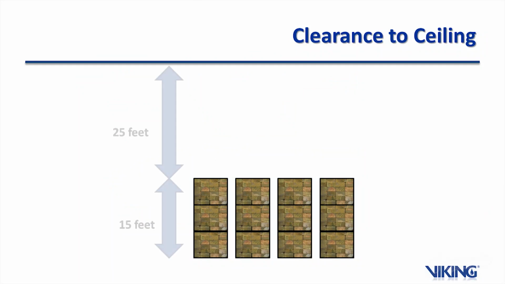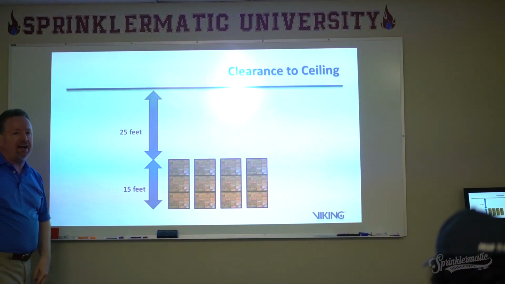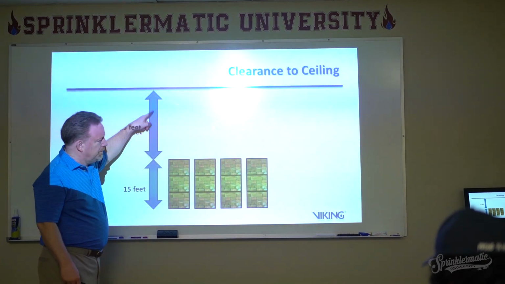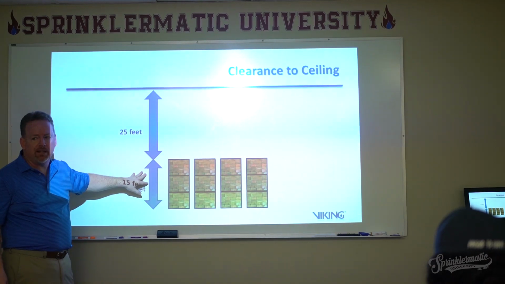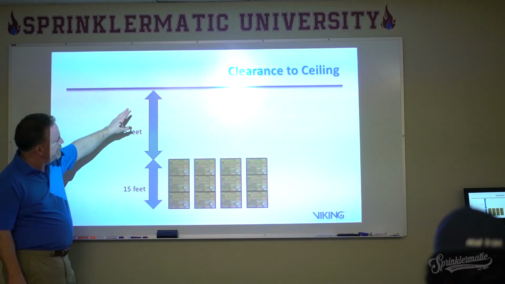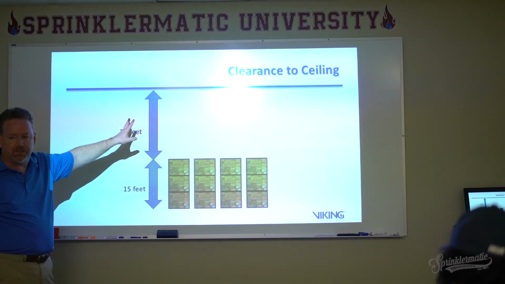Let's say we have 15 feet of storage. There's my fuel load right there. And I've got 25 feet above that to my sprinkler. What we found was that even a lower fuel package down here can still create a fairly big challenge for my sprinkler system up above.